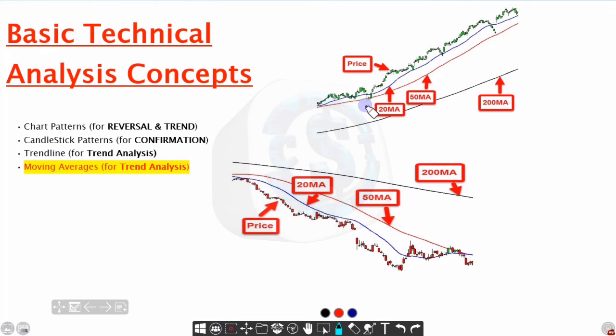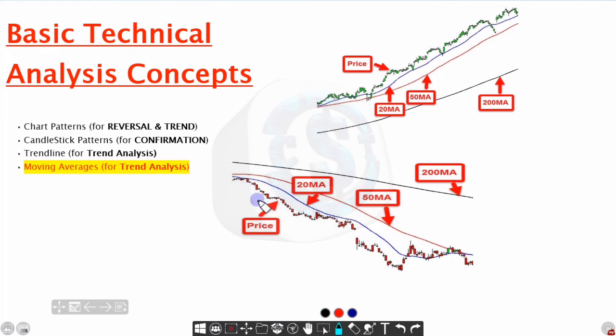If the moving averages are separating from each other, it is showing us that the trend is very strong. Like what we can see here, when the 20 MA was separating from the 50 MA, you can see what was happening with price.